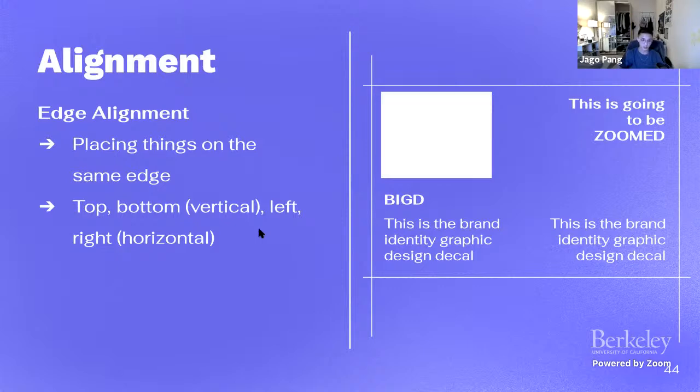Another way to think about layout is alignment. I think we talked about this in the typography section, but how you align your objects is very important too. You can edge align everything. For example, this is an example layout of a business card, where you can make everything aligned to an edge, either at the top, bottom, left, or right.